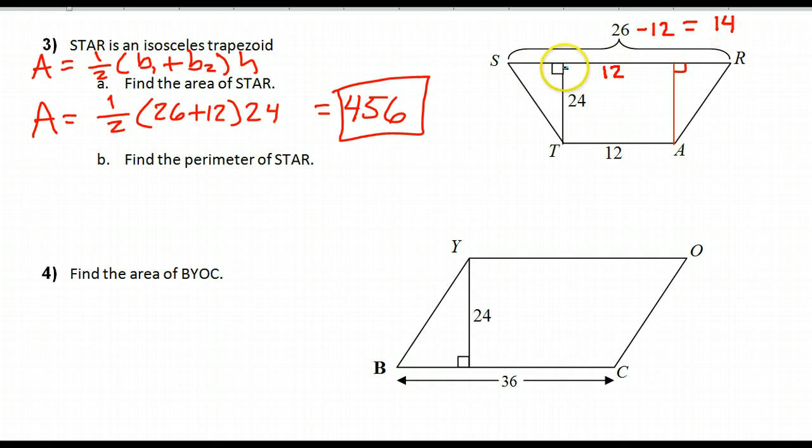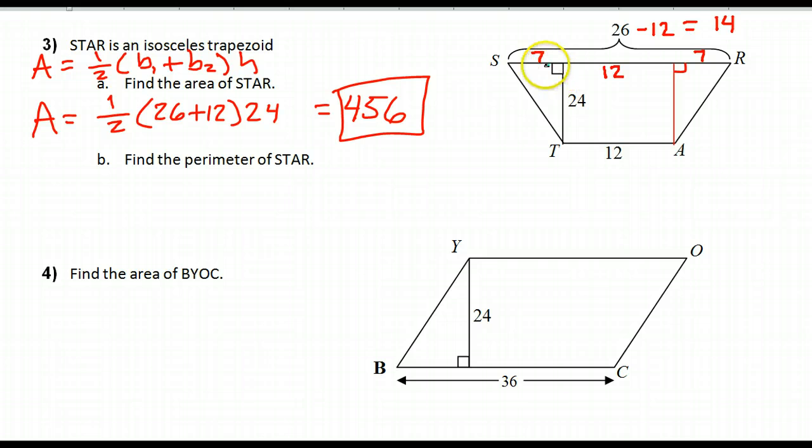So if I take this 12 away from 26, there's 14 left over. That means this piece over here would be 7, and this piece over here would also be 7. This is isosceles, so it should have the symmetry. 7 plus 7 plus 12 adds up to 26.